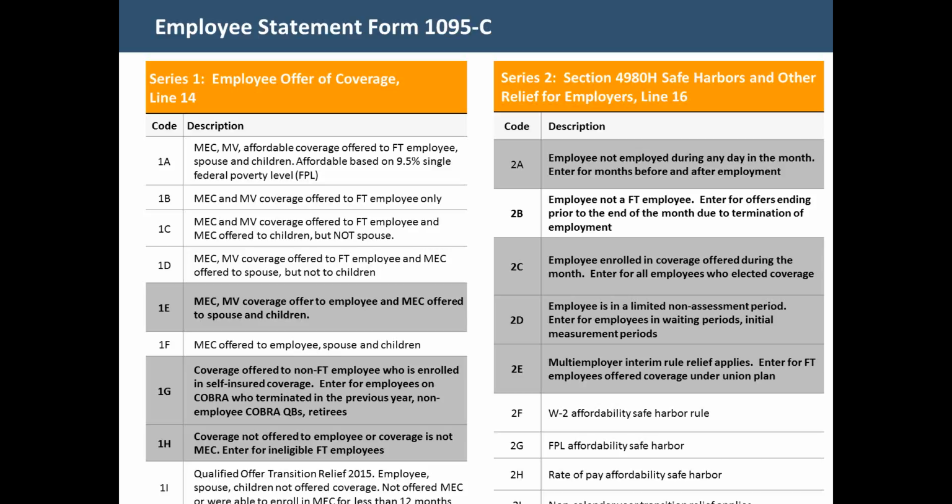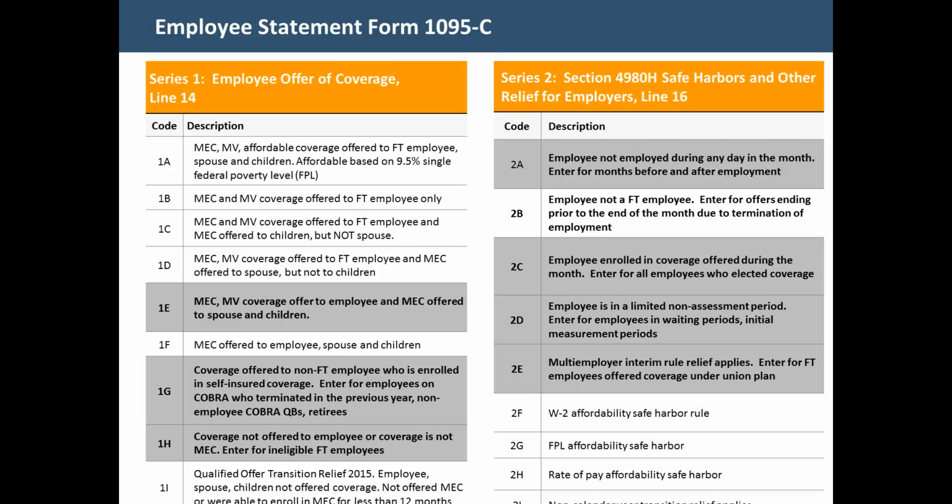And then lastly is code 2E, and this will be used for employers that have employees that are covered under a union plan or a plan sponsored by a collective bargaining agreement. There's been this notion that for employees that are not covered under an employer's plan, they don't need to report on them, and that's actually not correct.